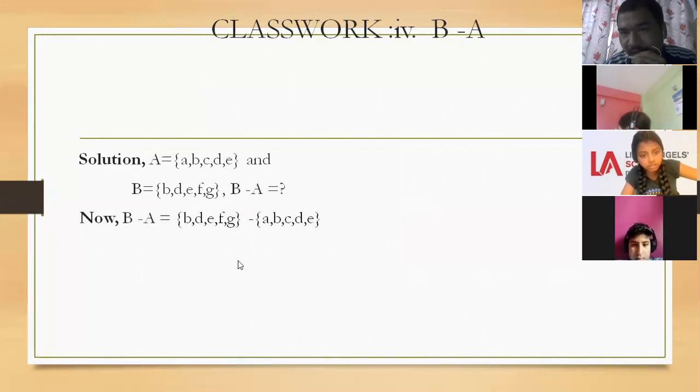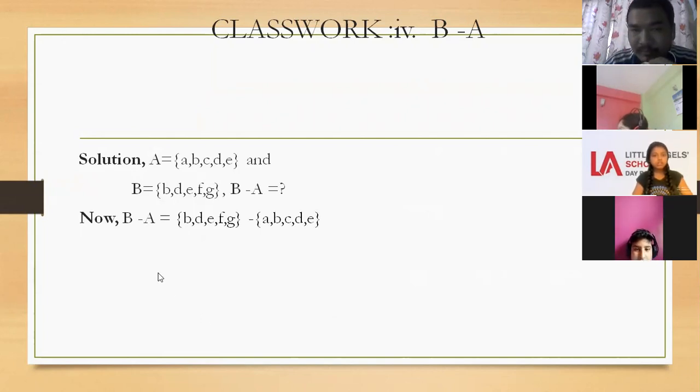Now, can you tell whether the elements remaining are from B or A? B. Yes, because we are subtracting from B. Then what will be remaining from B? F, G. You are absolutely right.